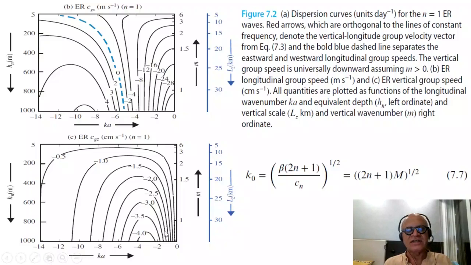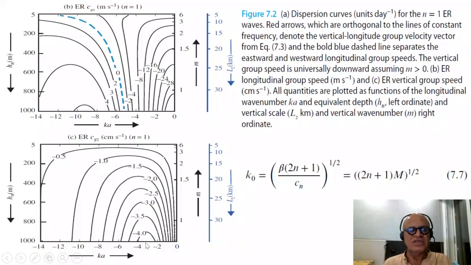And you can see that for longer wavelengths, lower longitudinal wave numbers, so low m and low k, is going to put you here in terms of slower vertical group velocities, and then it increases as you increase the wave number, and then it begins to decrease again for the same equivalent depth.